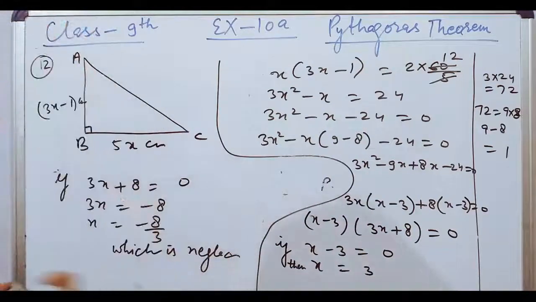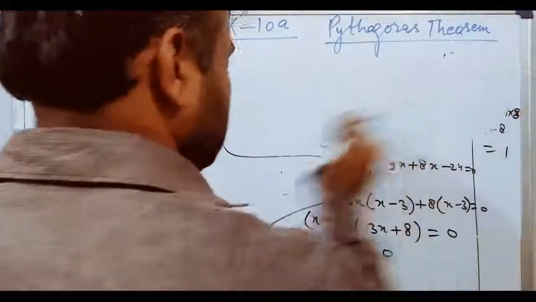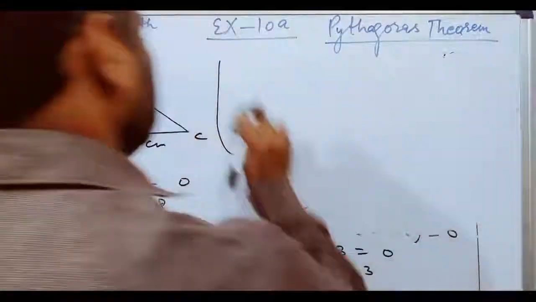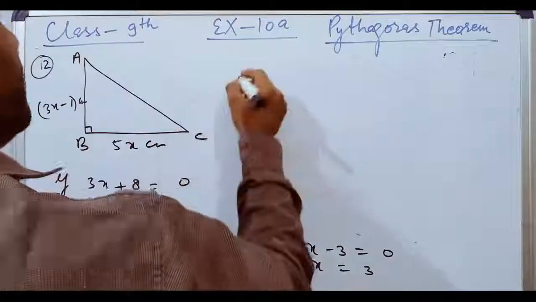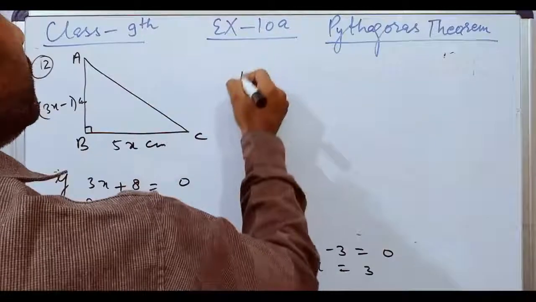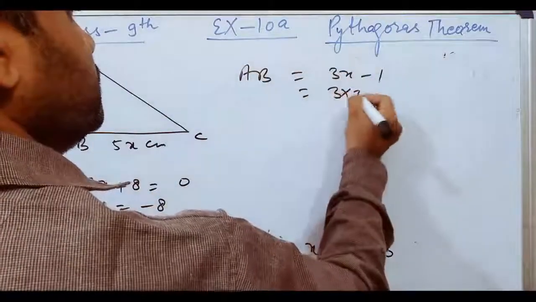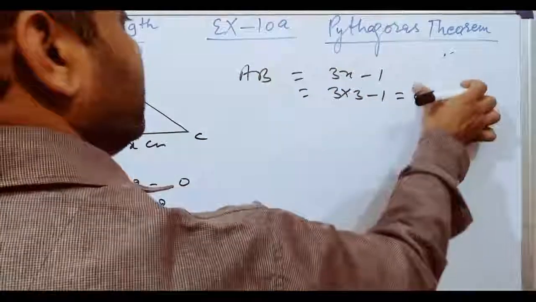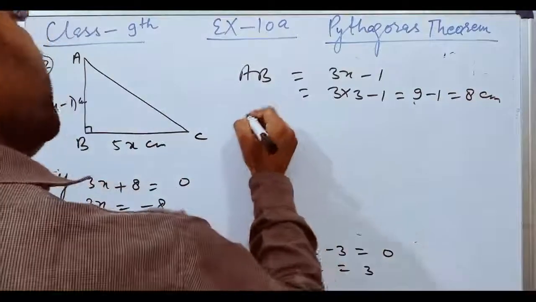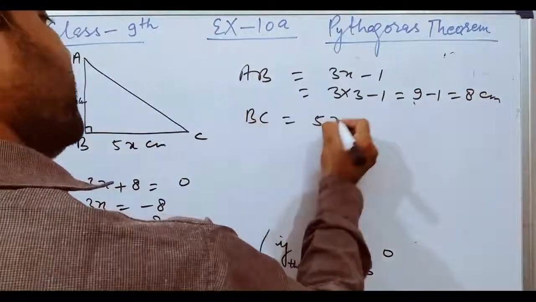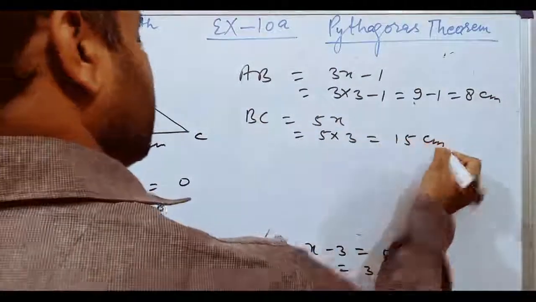Now base equal to, what is the base? And perpendicular. Perpendicular means AB equal to 3x minus 1, 3 into 3 minus 1 equal to 9 minus 1 equal to 8 centimeter. And base 5x, 5 into 3 equal to 15 centimeter.